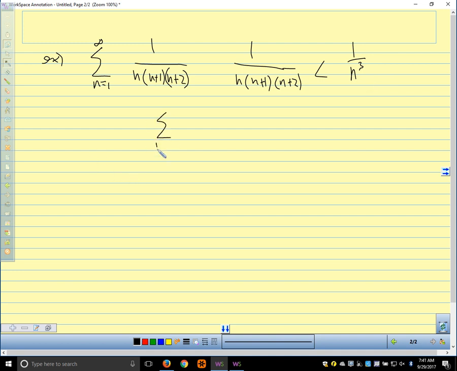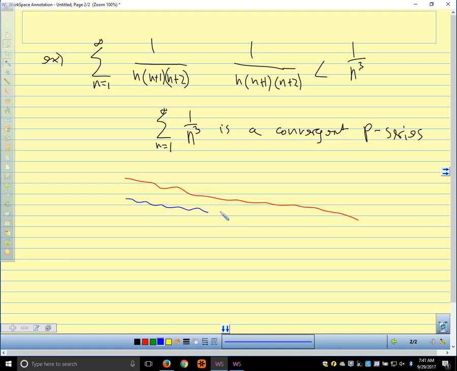And the sum, n equals 1 to infinity of 1 over n cubed. What do we know about that? That's a convergent p-series. So we have this 1 over n cubed is up here somewhere, but it's converging. And this term by term is less than that one, so it has to converge also.